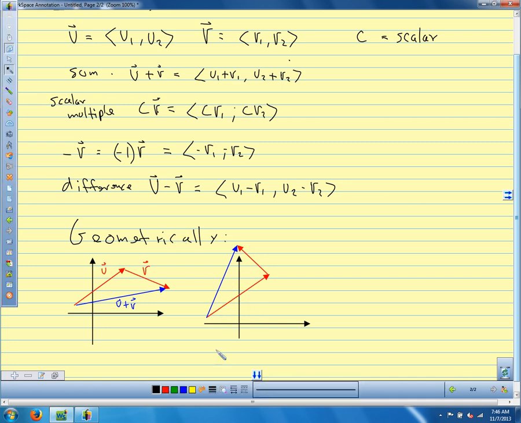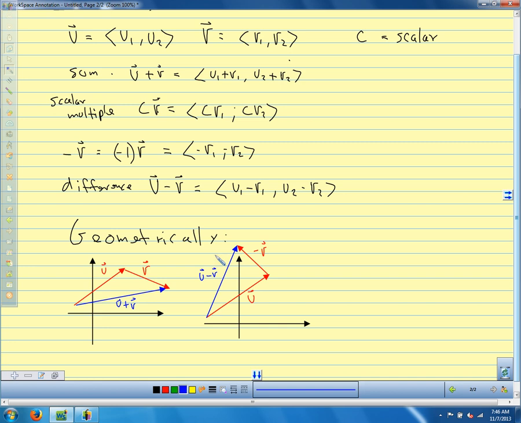So now this one is U, and this one is minus V. This quantity would be U minus V. So I just turn V around. So geometrically, to subtract them, we turn the one around and then put them head to tail.